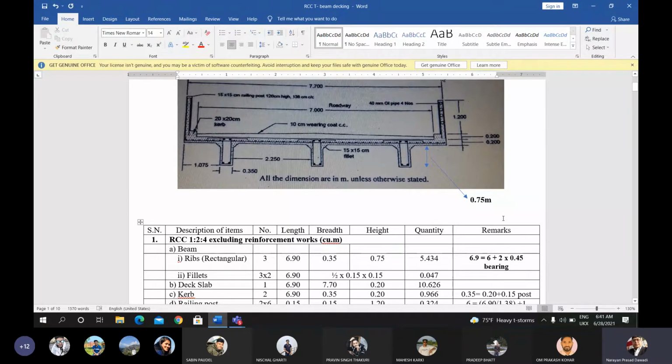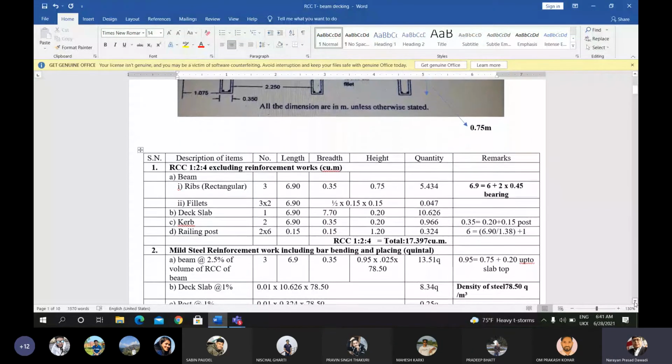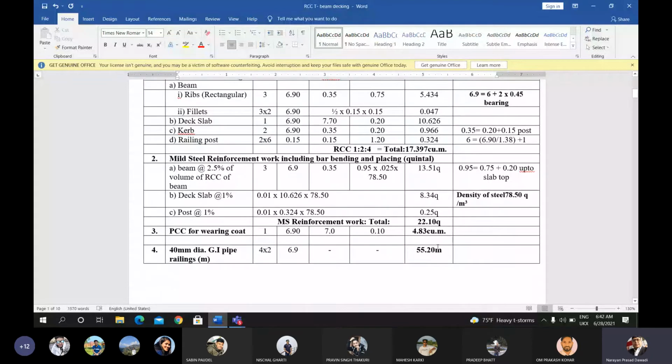Okay. Now you can find the volume of the PCC for the wearing coat. The number of wearing coat is 1. The length of the wearing coat is the length of the bridge span, that is 6.9, the width is the width of the road, 7.0, and the average thickness of the wearing coat is 0.10.